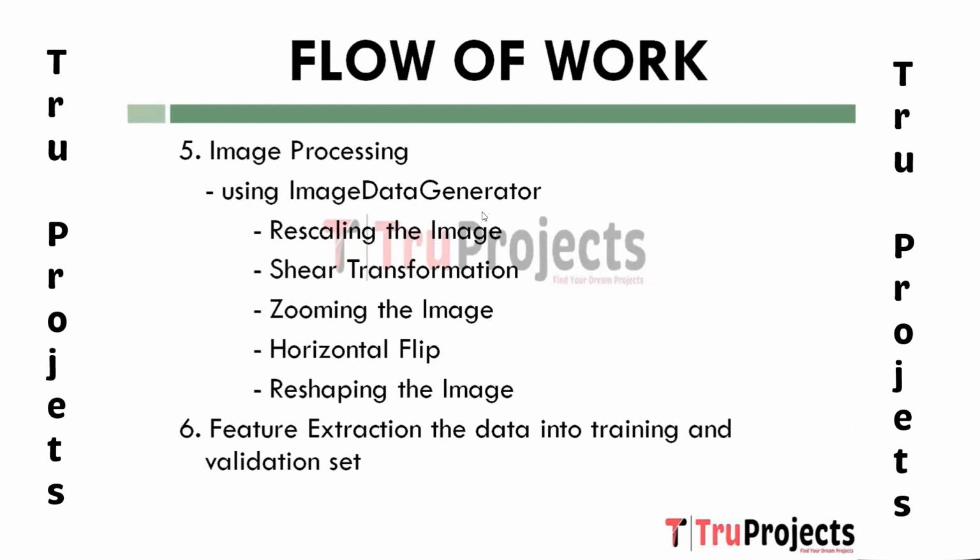Next, zooming the image, introducing zooming variations to augment the dataset. Then horizontal flip, flipping the images horizontally for adding diversity in data. And the last one, reshaping the image, adjusting the image size or shape to match model input requirements.